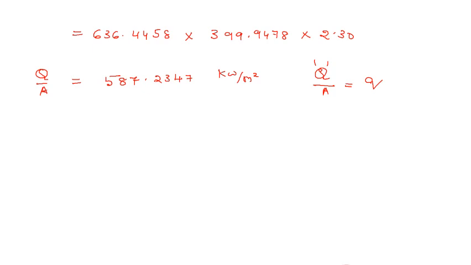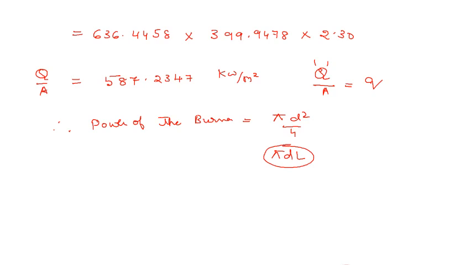So the next one is to find out the power of the burner. To find the power of the burner, we can use pi d square by 4, because it's a tank. Suppose if it is a rod, or the heating element is a rectangle, I can use the other term.